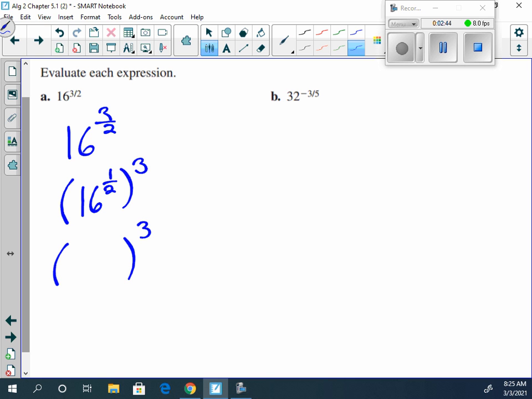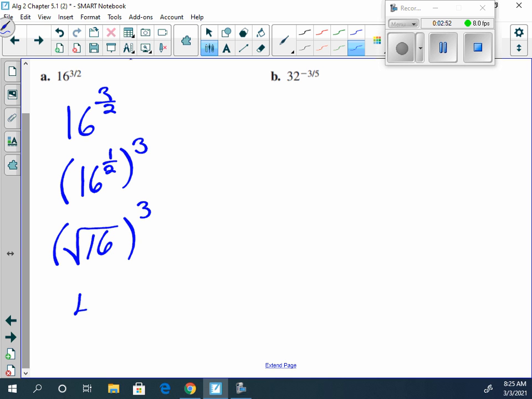Now, 16 to the 1/2 is the same as the square root of 16. The square root of 16 is 4. That gives me 4 to the 3rd, and 4 to the 3rd is 64.